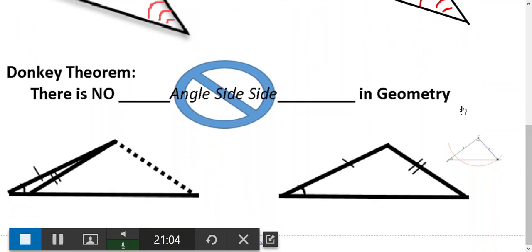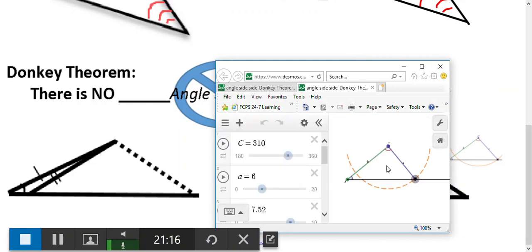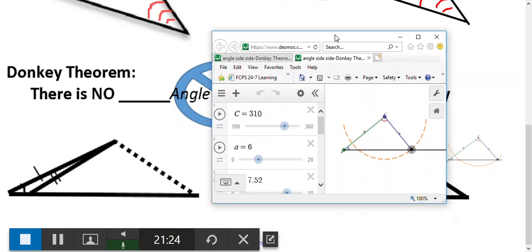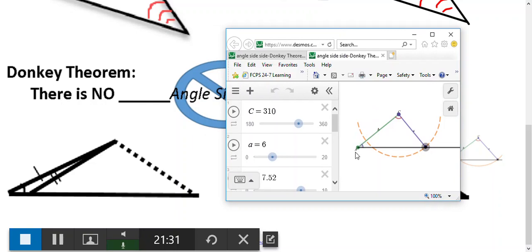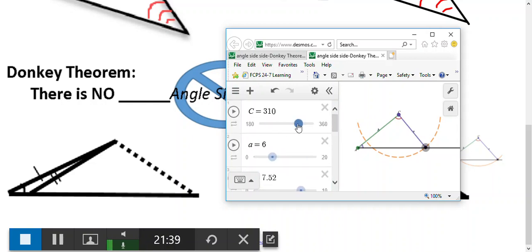They're different sizes. We also have the angle, side, side that does not work, or what we call the donkey theorem, and I'm going to feel free to leave that up to you to see what I mean by donkey theorem. This says that if you have an angle, a side, and a side that are the same, there are two different triangles we can make.